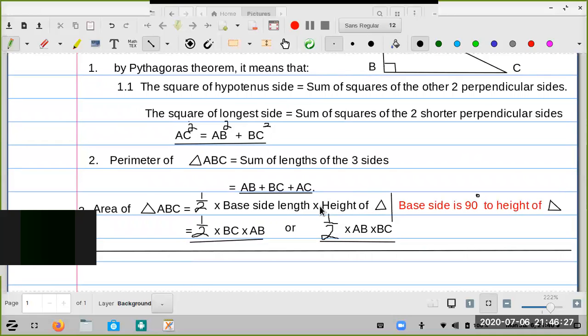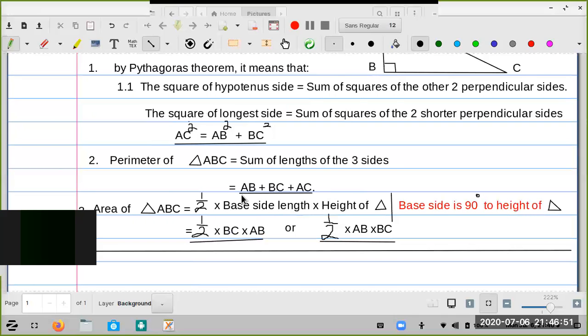Right. How high is our triangle? So there is going to be a line that represents the height of the triangle. But by saying height, it's not always that the height is in a vertical position, right? It depends on the position of what? The base side.